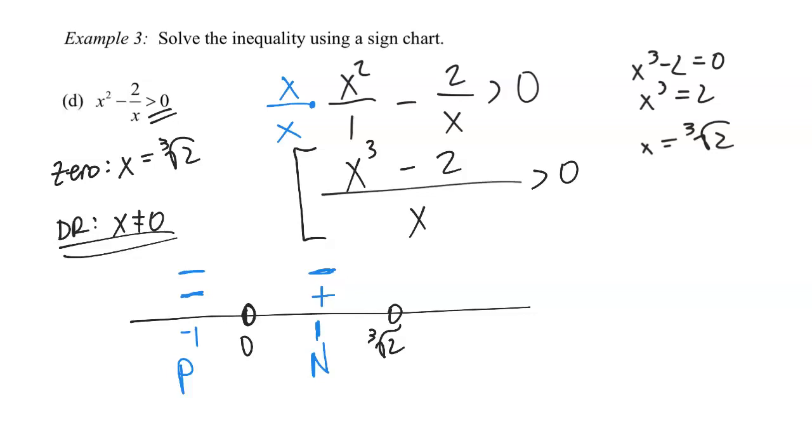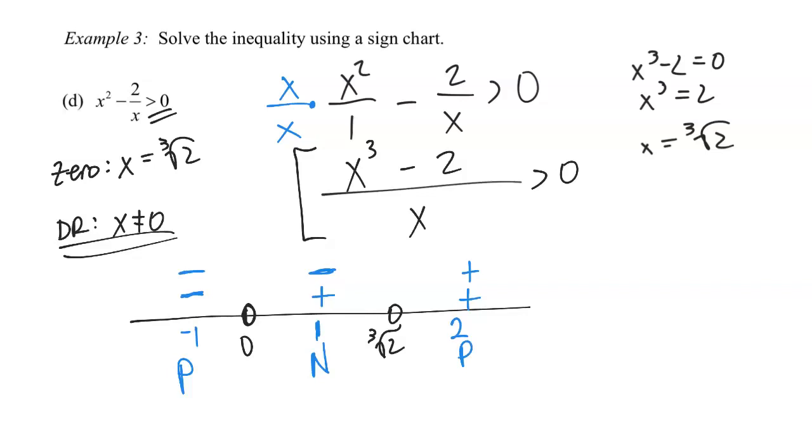And now, cube root of 2, again, I don't know what that is, but I do know that it's smaller than cube root of 8, and I know that cube root of 8 is 2. And so I can safely plug in 2 to the numerator. I'm going to get 2 cubed is 8, minus 2 is positive, and divided by 2 is also positive, so this will be a positive section as well.